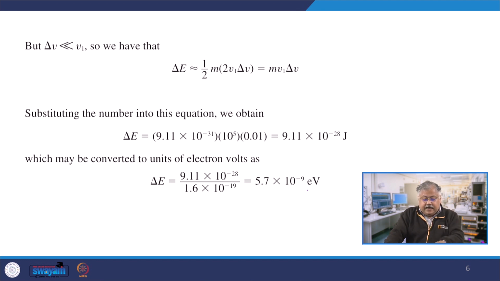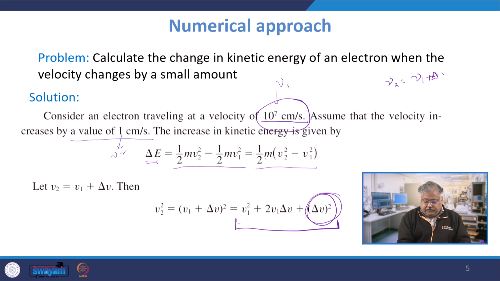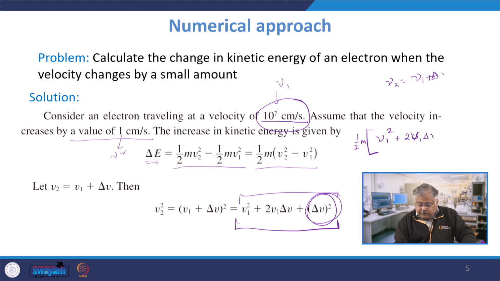And finally we get delta E equals 1 by 2 m times v2 square minus v1 square, where v2 square is replaced by v1 square plus 2 v1 delta v plus delta v whole square, minus v1 square, right? This is what you will get.